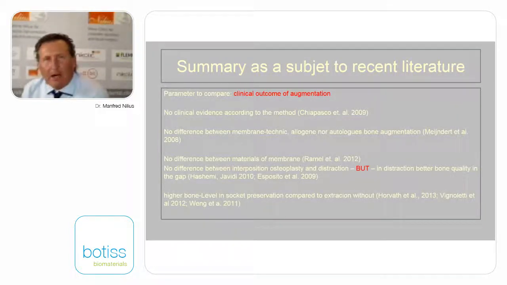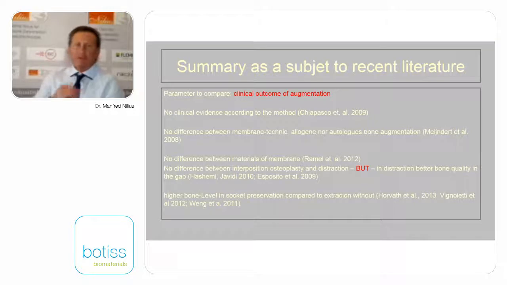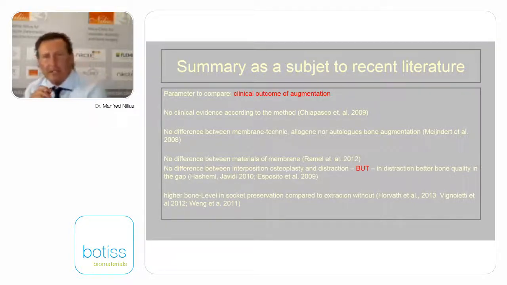When we see the clinical outcome of augmentation, there is normally no clinical evidence according to the method, and we've seen in our investigation what Chiapasco had also published in 2009. There's also no difference between membrane technique and allogene or autologous bone augmentation as described by Meijndert, and no difference between the material of the membrane.